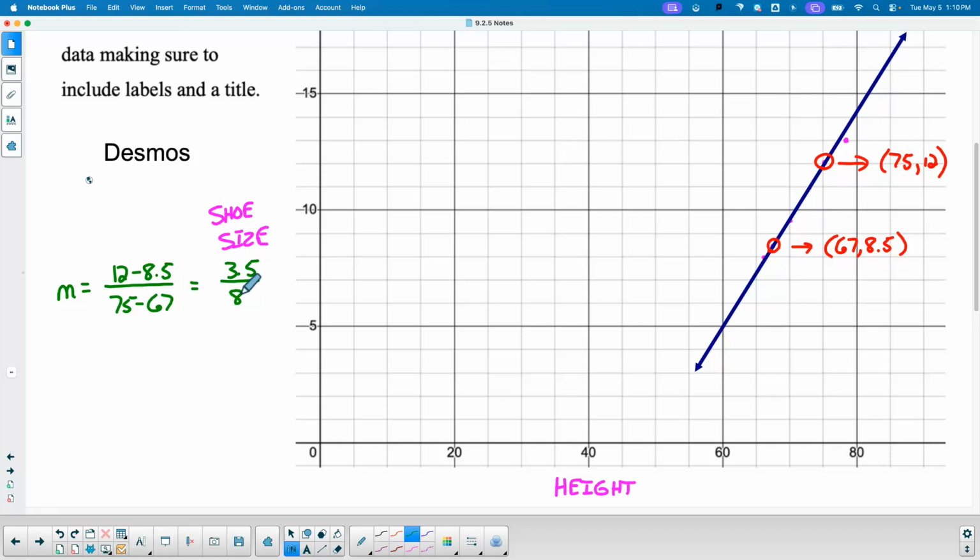Do we want it in fraction or do we want it in decimal? Decimals, right? Because what are we talking here now? Shoe size is one of them, and height is the other one. Either one of those deal with fractions? Not really, they do decimals, right? Okay, so what is 3.5 divided by 8 in decimal form?